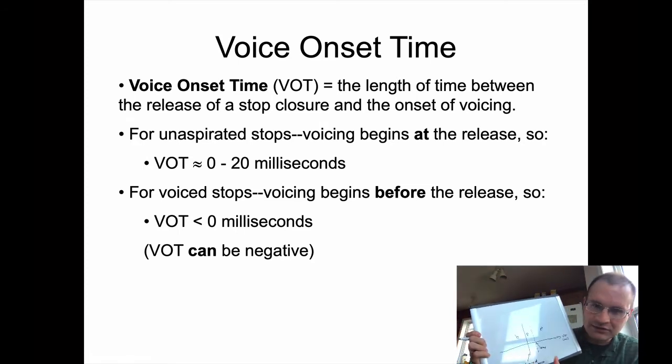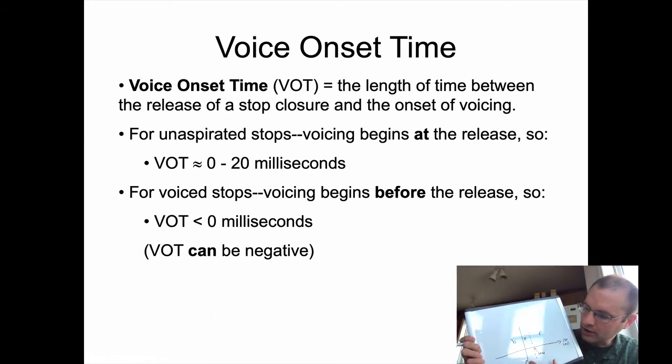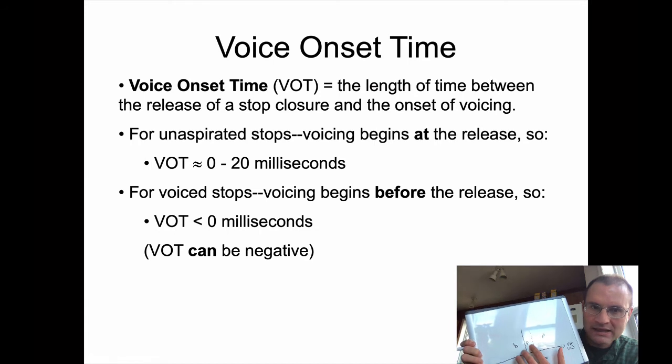You can think of this as on a scale. On the x-axis, you're measuring when voicing begins in relationship to when the release burst has occurred. If voicing begins right at the same time as the release burst, or maybe just a little bit after it, you get an unaspirated stop, which we're going to transcribe with a p.